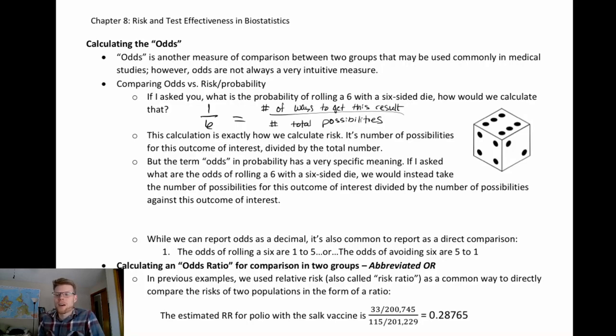If 100 people out of 5,000 have COVID in this community, the likelihood that you have COVID, or the risk of having COVID, is 2% right now. That's a very simplistic example where a risk is really just a probability: the number of people with it divided by the total number of people in that community.